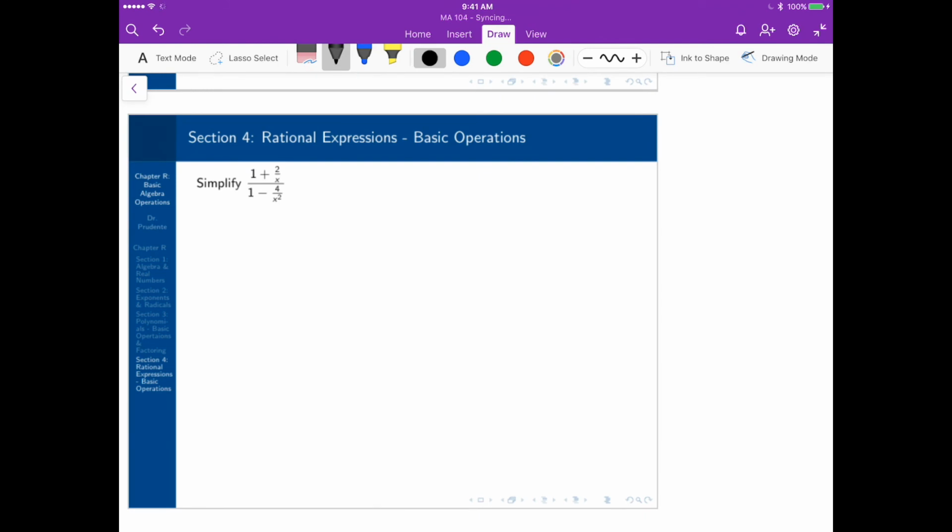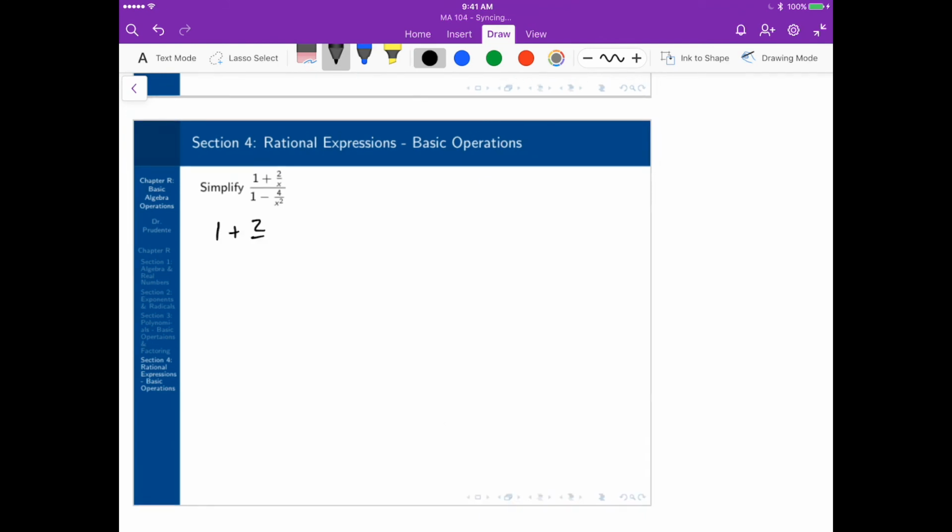We'll look at this numerator, 1 plus 2 over x. We're just going to work with the numerator first. So if I was going to get a common denominator, what would I need? Anytime I see 1, I can think about it as 1 over 1. And I have 2 over x. So 1 and x gives me a least common multiple of just x.